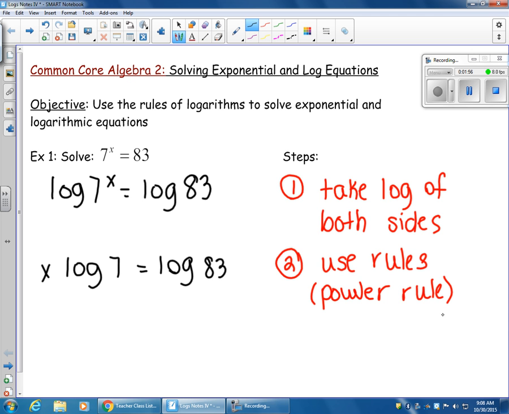So this is why logs are so cool, because when we couldn't solve this, we couldn't figure out what the exponent would be. That power rule lets us put that exponent out in front, and now it's basic algebra.